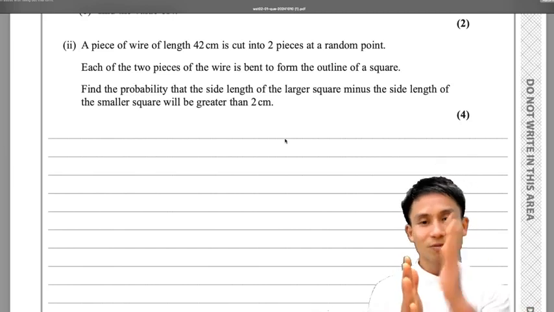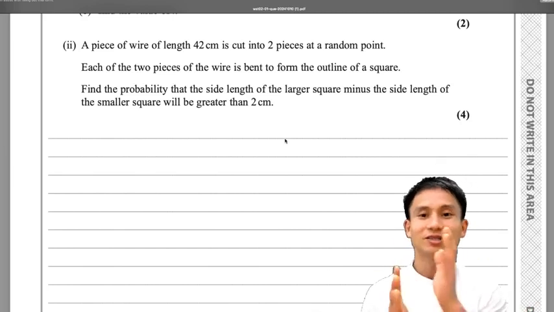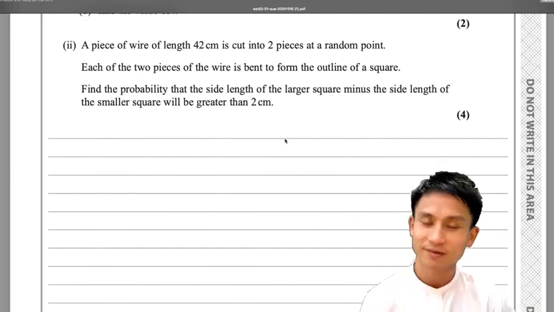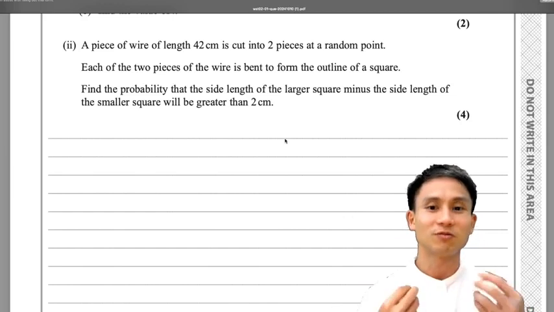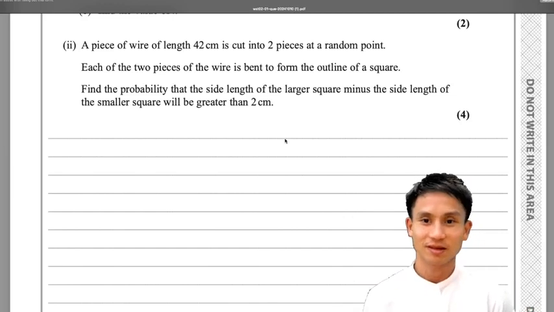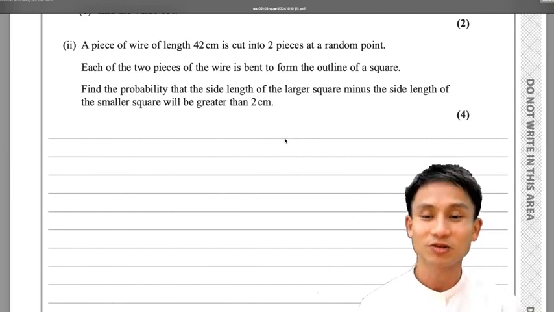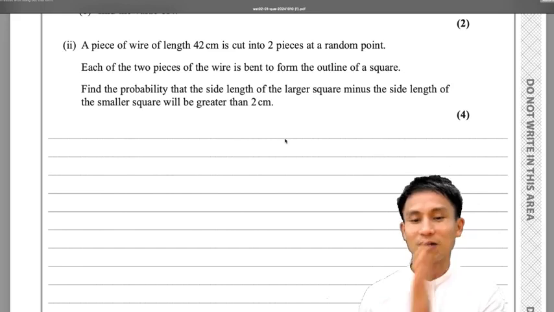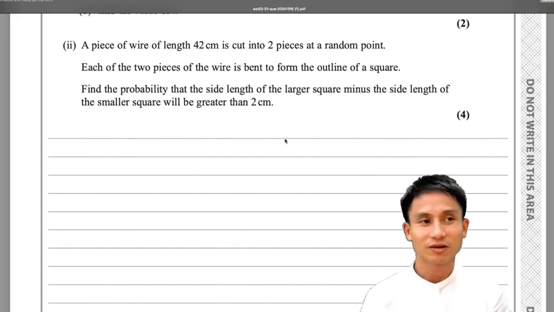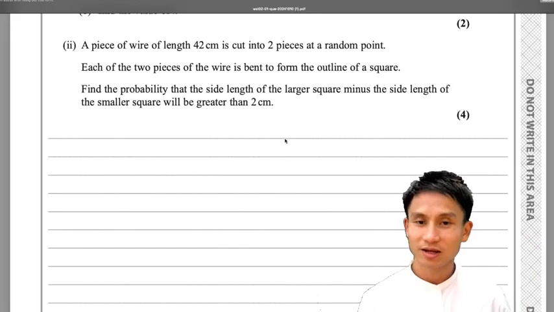It's just that the probability of cutting is considered from 0 to 21, right? Because it gives you the same result. Yeah. Why does it give you the same result? Because if you cut 5 centimeter from the left, it will be the same as cutting 5 centimeter from the right, right?